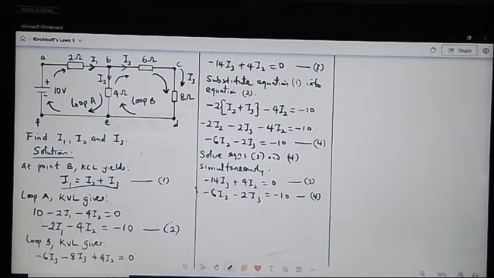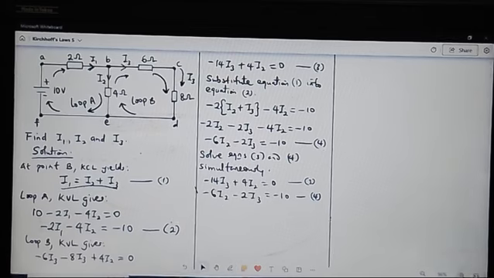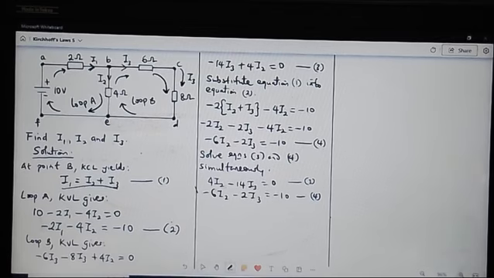So we can eliminate I3. We can solve this simultaneous equation by the method of elimination. If we want to eliminate I3, all we need to do is just ignore the signs in front of them and work with just the coefficient of I3.